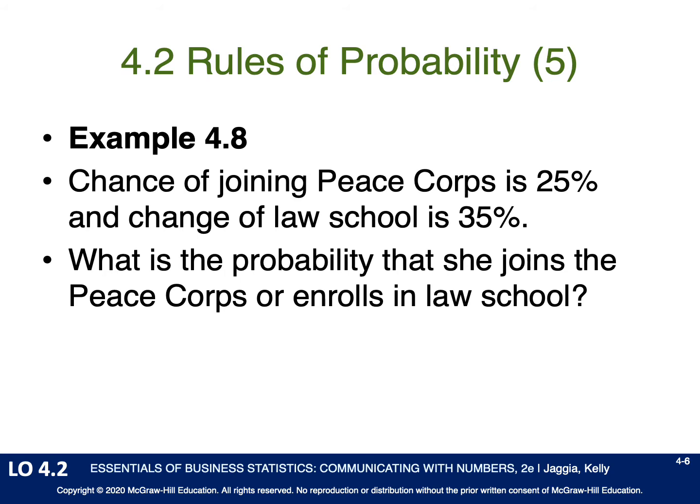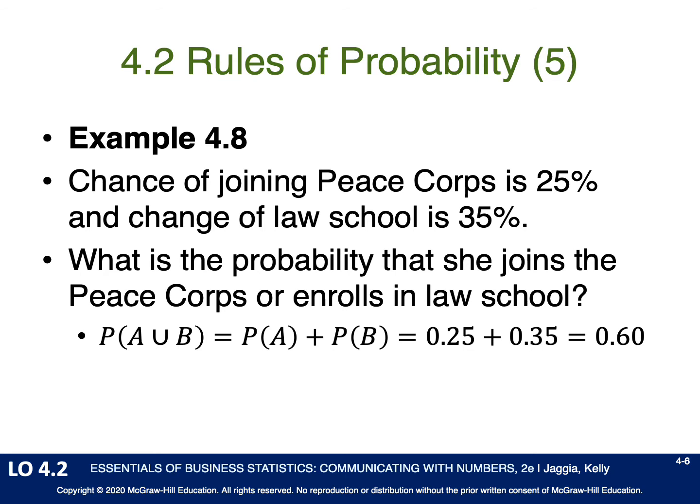So the probability of doing one or the other, of joining the Peace Corps or going to law school, is the probability of the Peace Corps, 25%, plus the probability of going to law school, 35%. So we can add those together, and the probability of the union, of doing one or the other, is them added together.